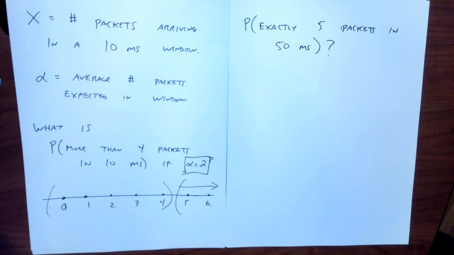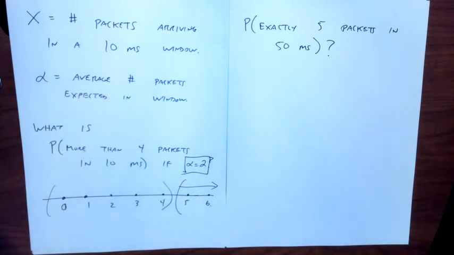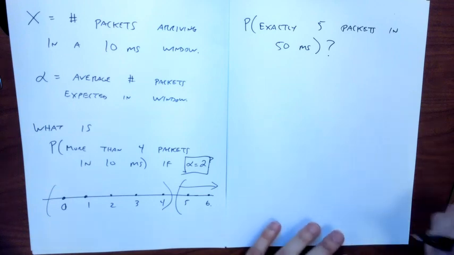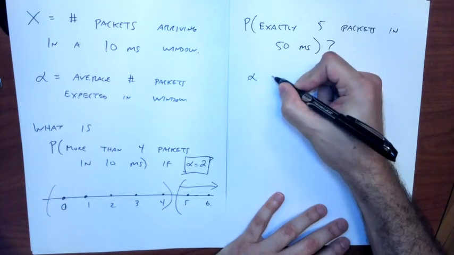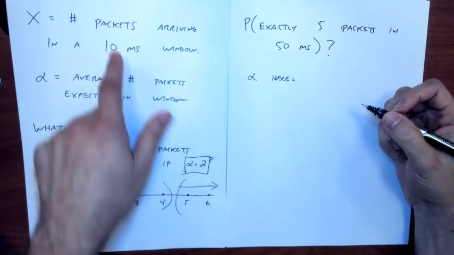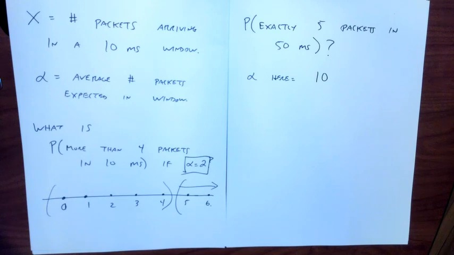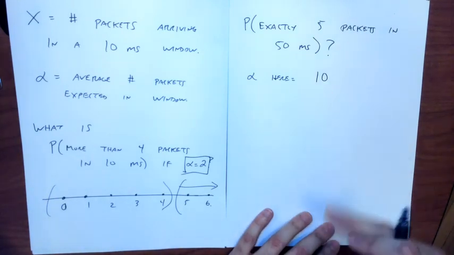Now this is a little bit different because this alpha is the alpha made for a 10 millisecond window. So if I have a 50 millisecond window, I have to use a different alpha. If I expected 2 packets in 10 milliseconds, then I expect 10 packets in 5 times that. If the interval is 5 times longer, then I should have 5 times as big of an alpha.